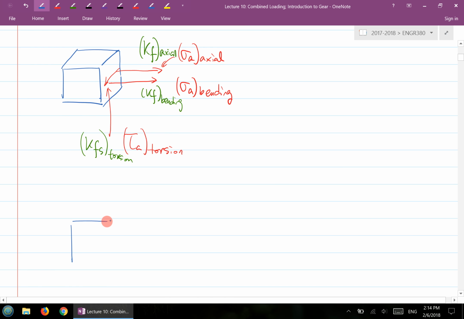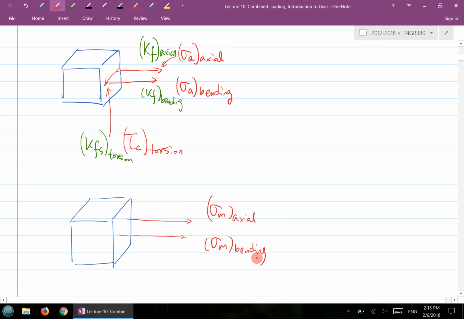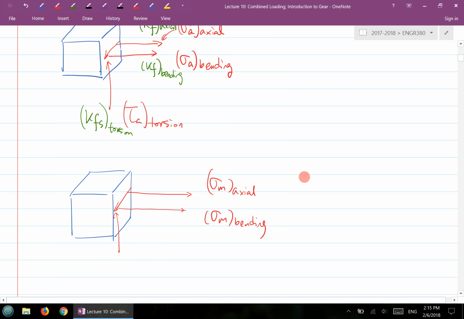Similarly, for the same stress element, there might also exist the mean value component, and you can have a mean value contributed by axial, a mean value contributed by maybe bending, and the same thing, you can have a mean value contributed from torque, and tau m, which is from torsion.